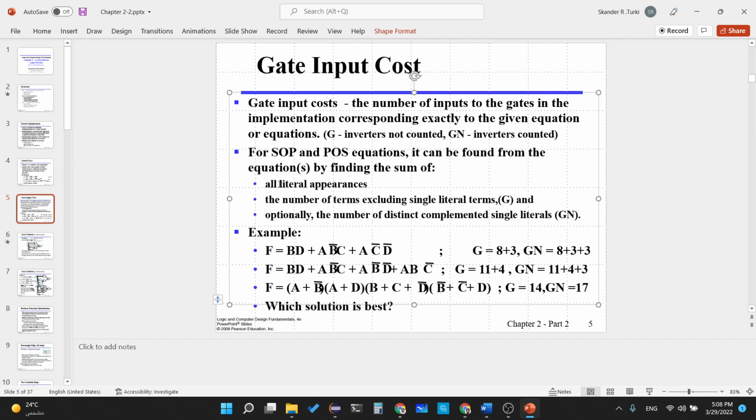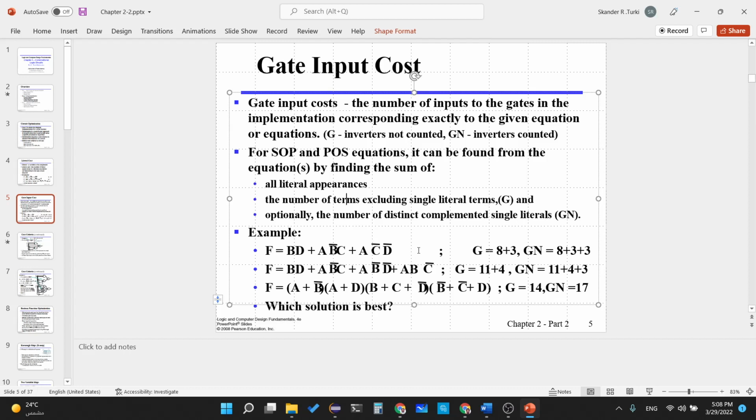representation using sum of products or a representation using a product of sums. So here you compute all literal appearances, plus the number of terms excluding single literal terms. Here you have 8 because you have 8 literal appearances, 1, 2, 3, 4, 5, 6, 7, 8. And then you have 3 terms, so you add 3, excluding single literal terms.